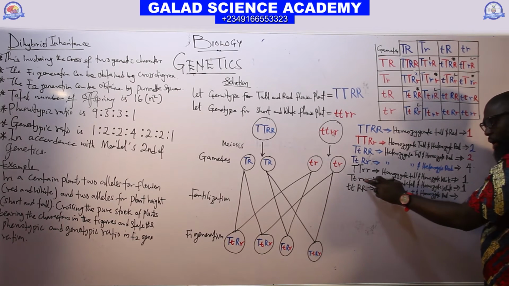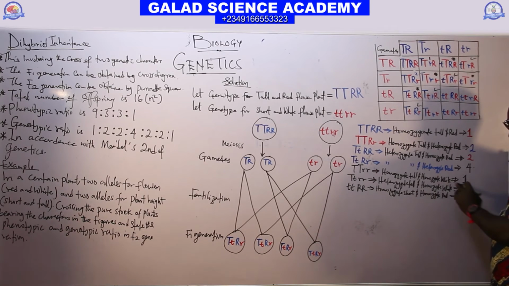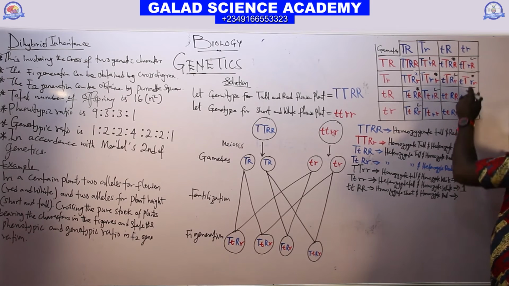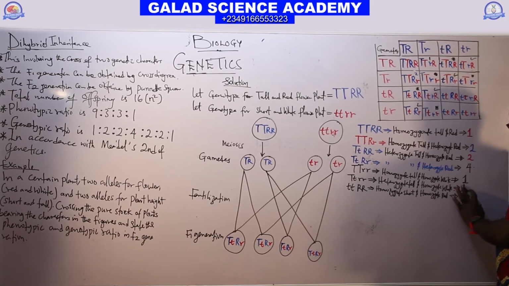Then heterozygous tall, homozygous red, homozygous white. They are what? One. No, this one is two. This is the second one. So here we have two.